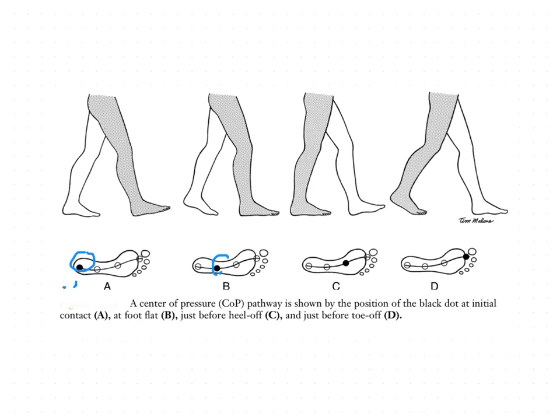If you can see, just before heel off, it is almost reaching the level of the metatarsals. And just before toe off, it again reaches the metatarsophalangeal joints. So these are the COPs which can be seen at different points at different stages of gait.